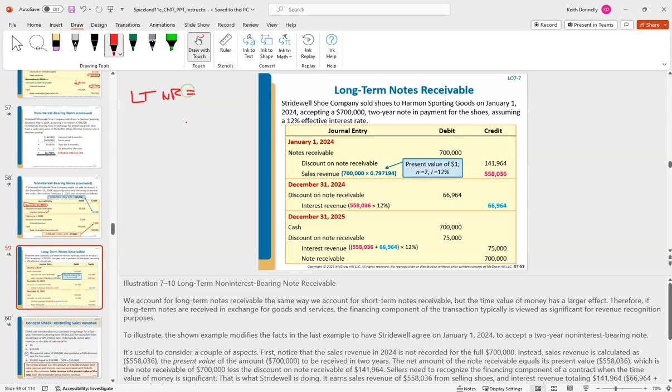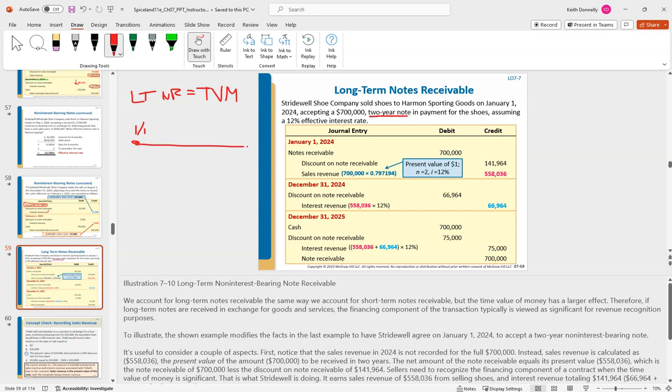And the big difference here from the short term is we're going to have to factor in the time value of money. So when we look at this example, it says they sold shoes on January 1st, 1/1, accepting a $700,000 2-year note.